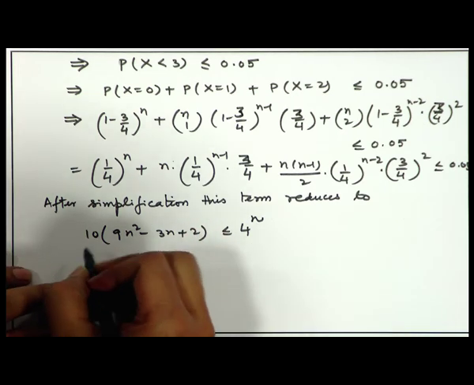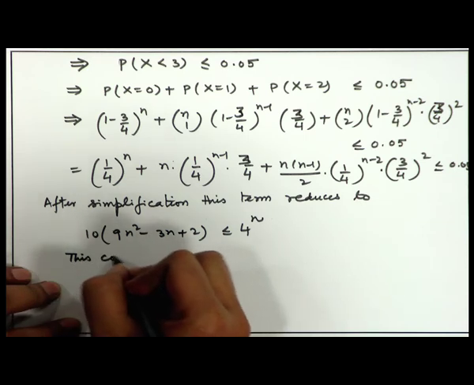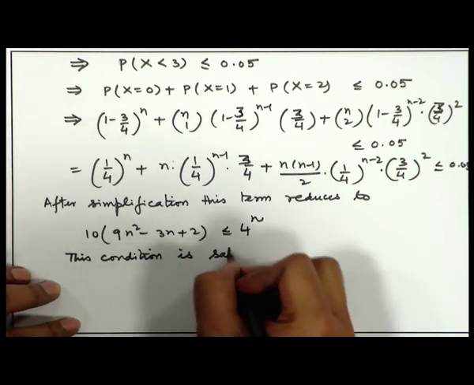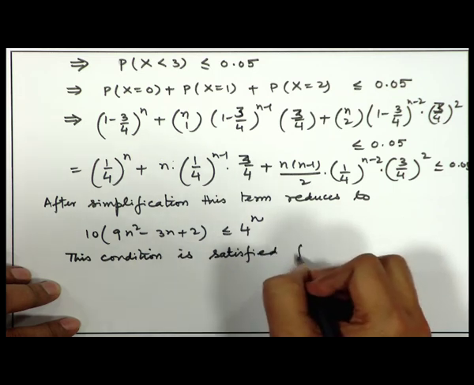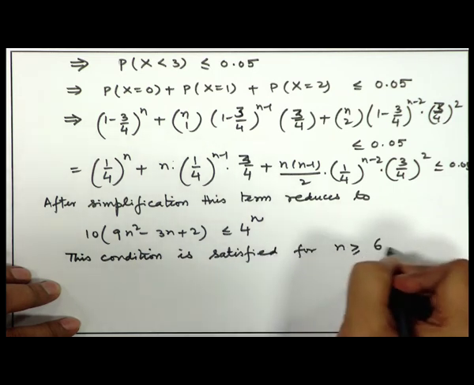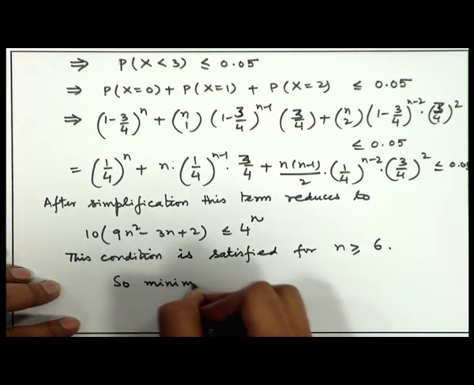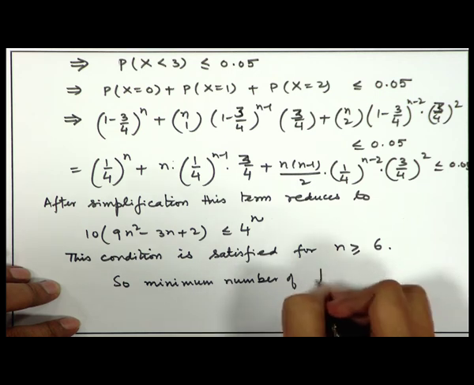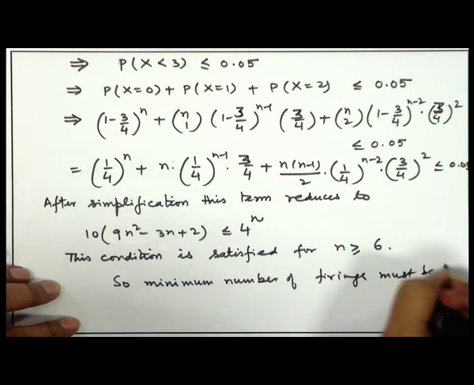The condition is satisfied first for n equal to 6. This condition is satisfied for n greater than or equal to 6. So, the minimum number of firings must be 6.